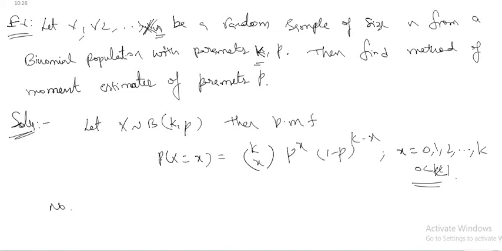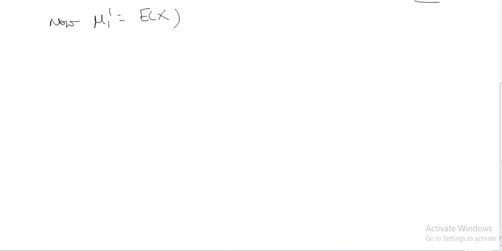Now, what is mu1 dash? Expectation of x. This is the reason in the very beginning of our estimation theory I gave an assignment, that is revising the distributions and finding their mean and median. And most of you did that assignment and posted it in the WhatsApp group.